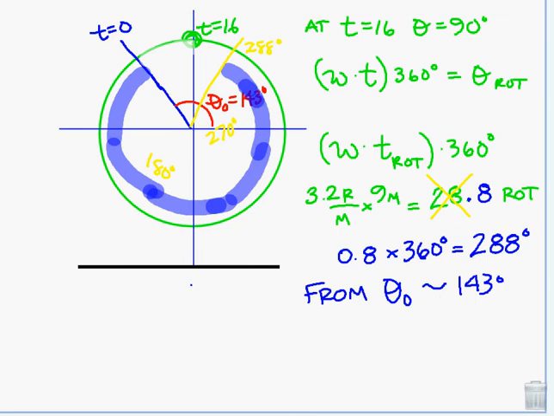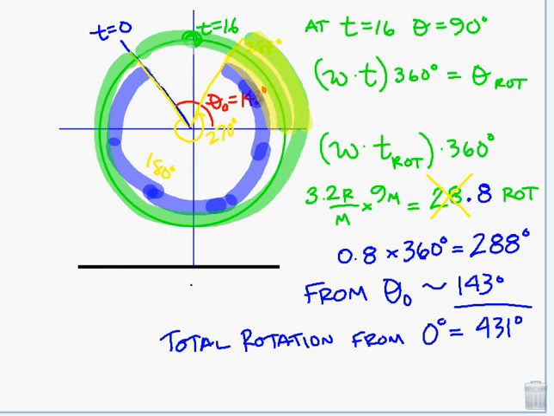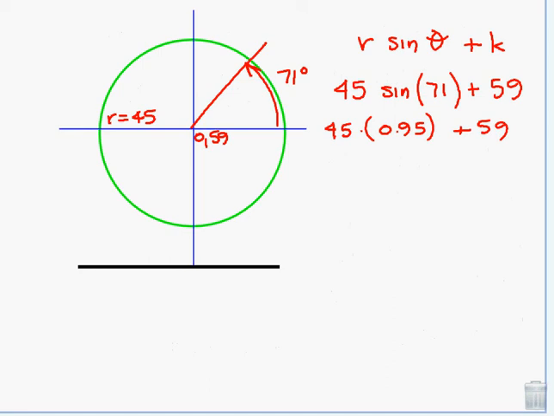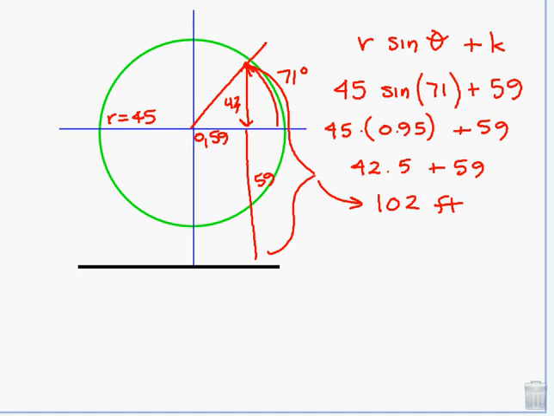And then since 360 degrees and 288 and 143 is over 360, I really only need that portion right there, which is 71 degrees. And then that brought me back to this picture right here, where I had 71 degrees, r of 45, height of 59, and then I'm able to do this final calculation right there and get 102 feet. So there it is. There is problem 6.